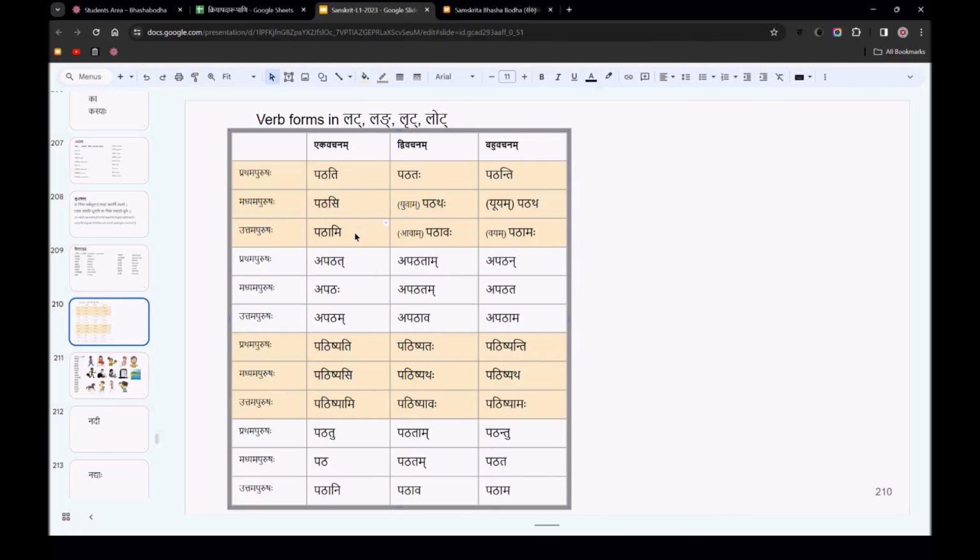The Uttama Purusha form should be used when the noun word is literally Aham, Avam or Vayam, or at least it should indicate that. For any other word, it should be Pathati, the Prathama Purusha form. And for present tense, these forms are used. We saw that.